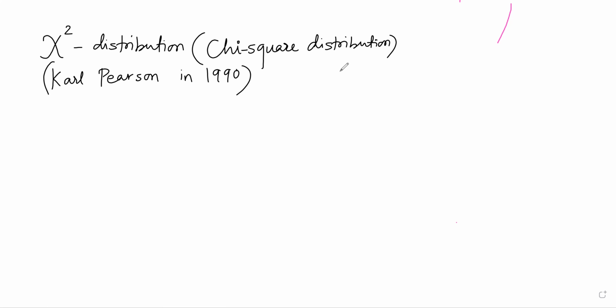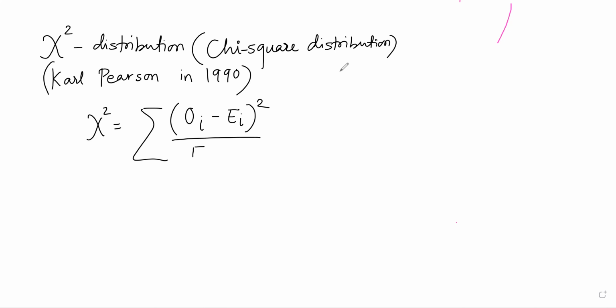As we saw yesterday, chi-square is the summation of (Oi minus Ei) squared divided by Ei, for i equal to 1 to n, and the degrees of freedom here is n, the number of observations.